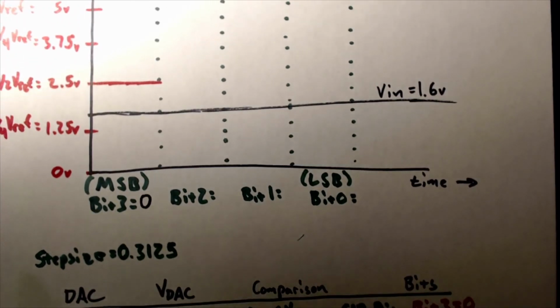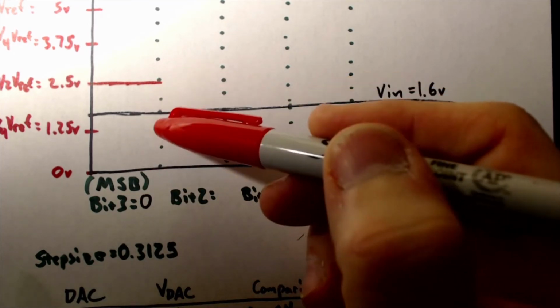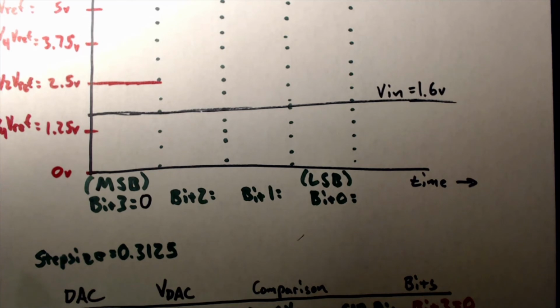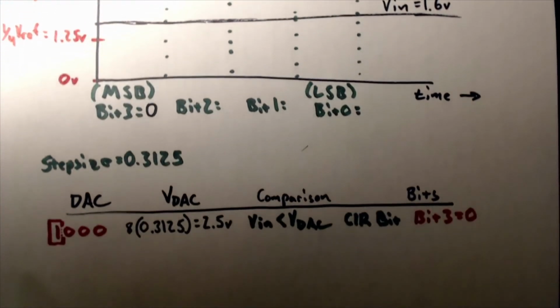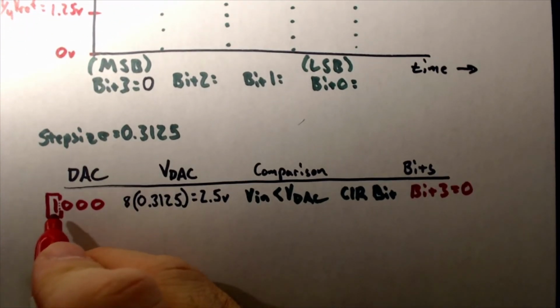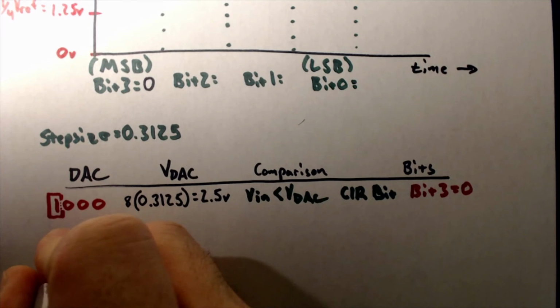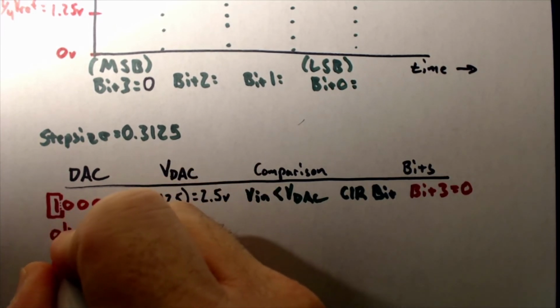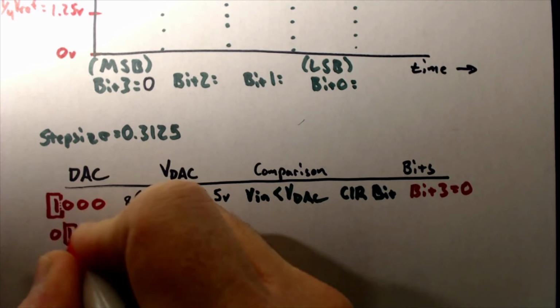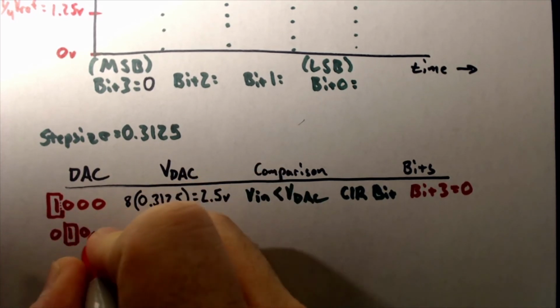And now, that's going to cause us to go down. So now we're going to go ahead and do the second bit. We cleared that most significant bit, and now we set the next bit. 0, 1, 0, 0.